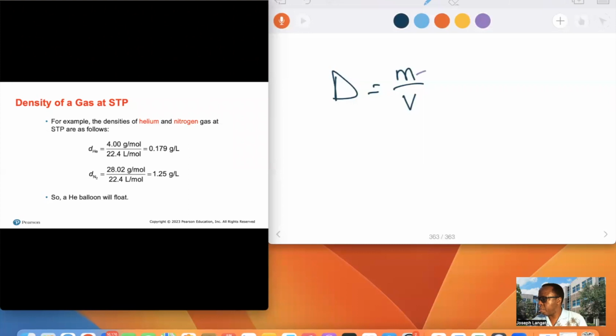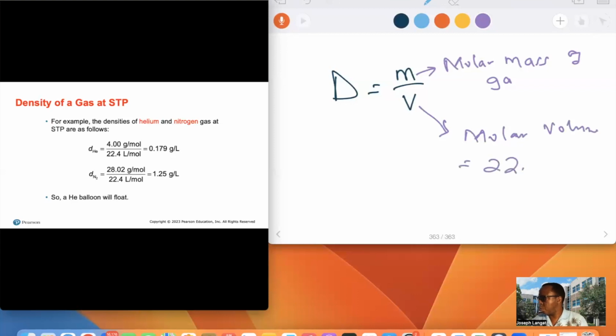Unlike the regular equation for density, at the top is always the molar mass of the gas, and the bottom is the molar volume, which equals 22.4 liters. The rest you plug in should give you the density.